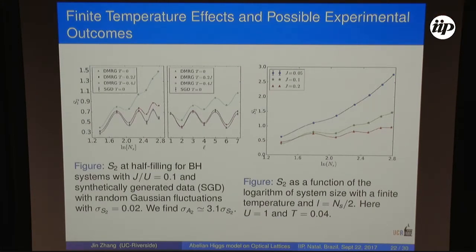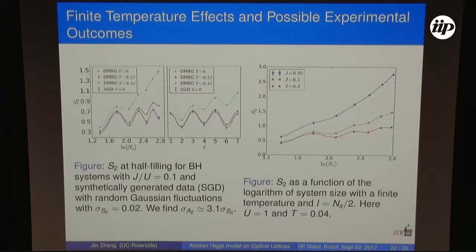Now, finite temperature effects. Let's first see this graph. As I said before, we chose J over U equals 0.1 and not 0.01 because for small J over U, it's very sensitive to the temperature. So you see that this is a simulation for J equals 0.05 here, 0.01 here and 0.2 here.